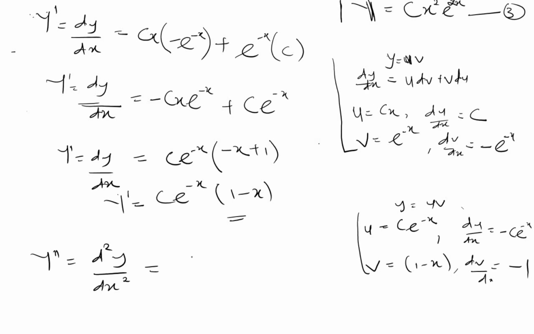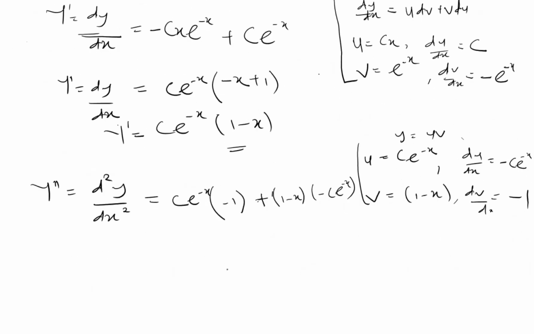So differentiating this, what's our u? c exponential of minus x multiplied by dv, which is minus 1, then plus v du, that's 1 minus x multiplied by du, that's minus c exponential of minus x.